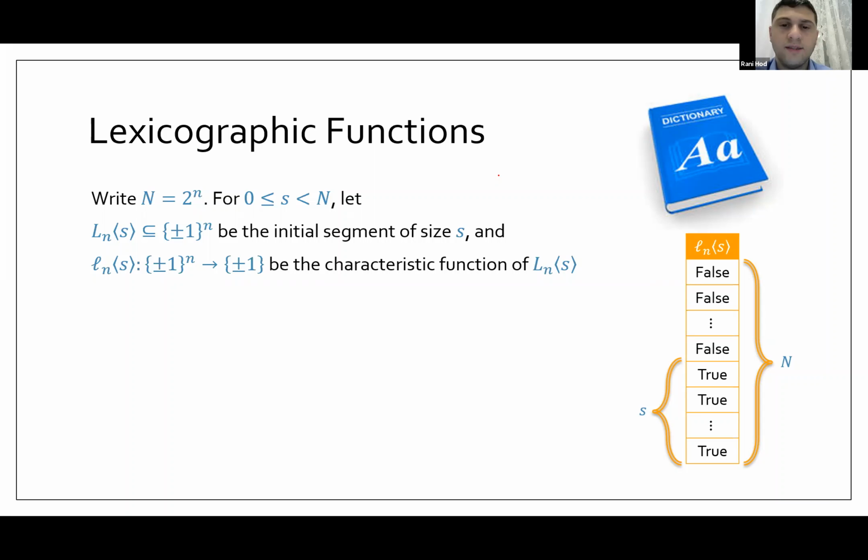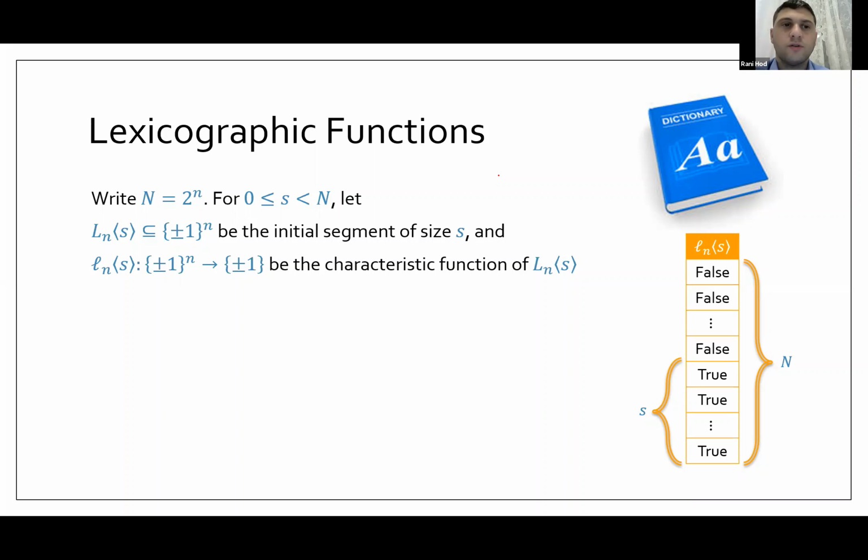Let's say I want S of the 2 to the n outputs, let's call it capital N. S of these are going to be true and the rest are going to be false. And I'm going to take the first lexicographic function that has this, meaning that all the first capital N minus S values are going to be false and the last S are going to be true.